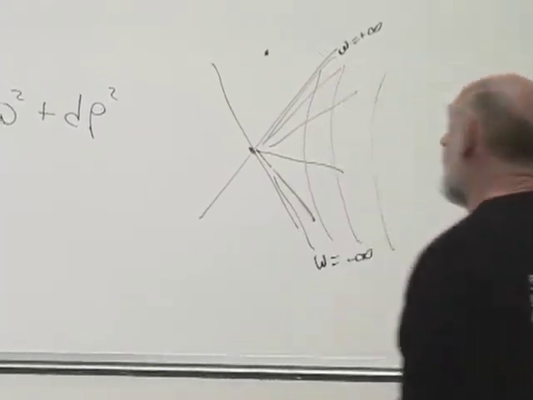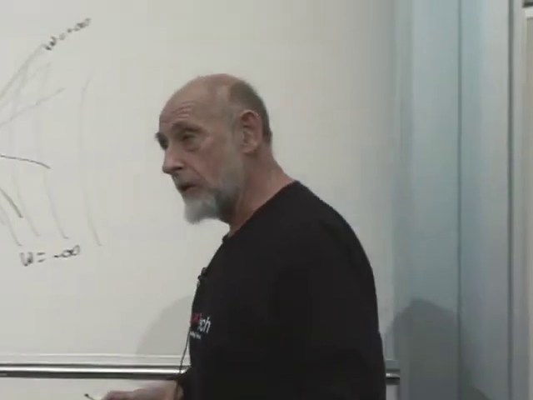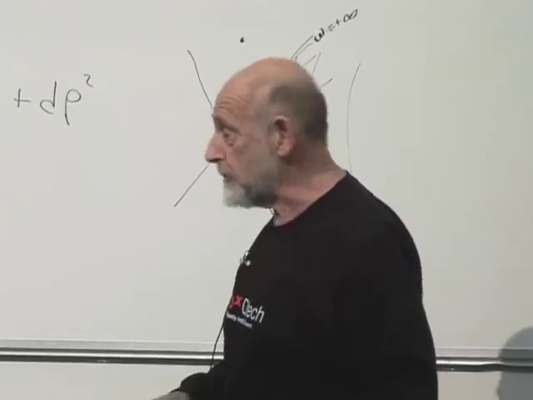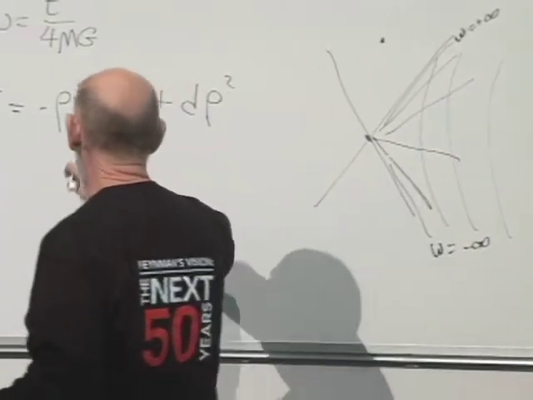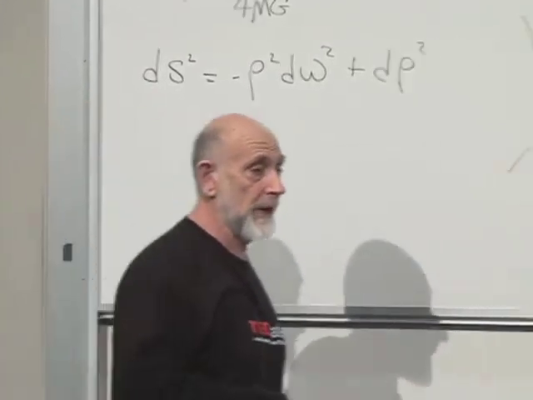What about when we go very, very far from the black hole? When we go very far from the black hole, we see it also looks like flat space-time, but here's the metric that we would see. We take the good old Schwarzschild metric.